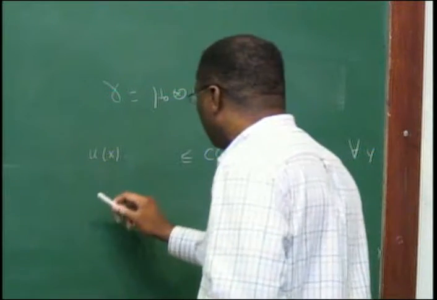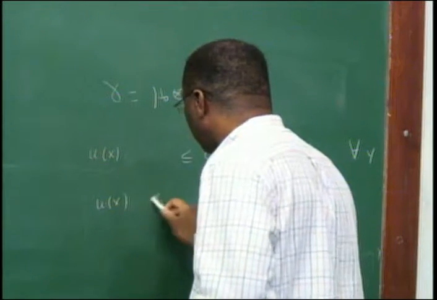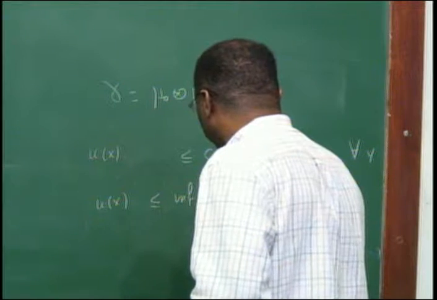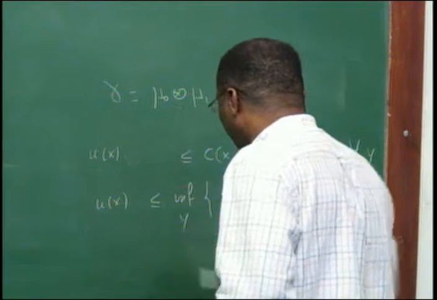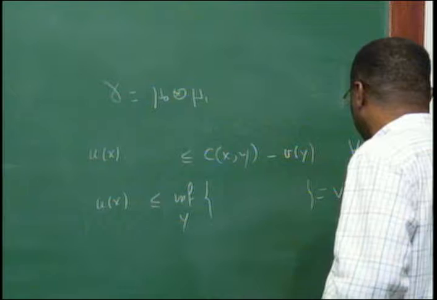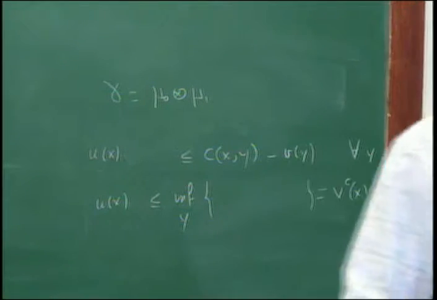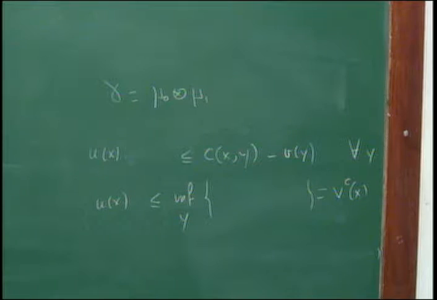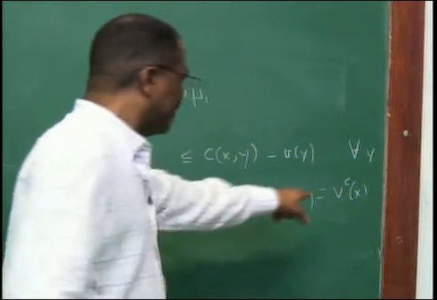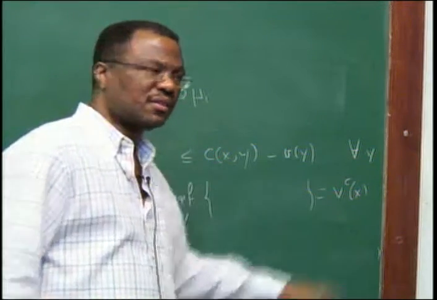Therefore, u of s is less than the infimum over y, and this is vc of x. So the fact that (u, v) is in Uc implies that u is less than vc.